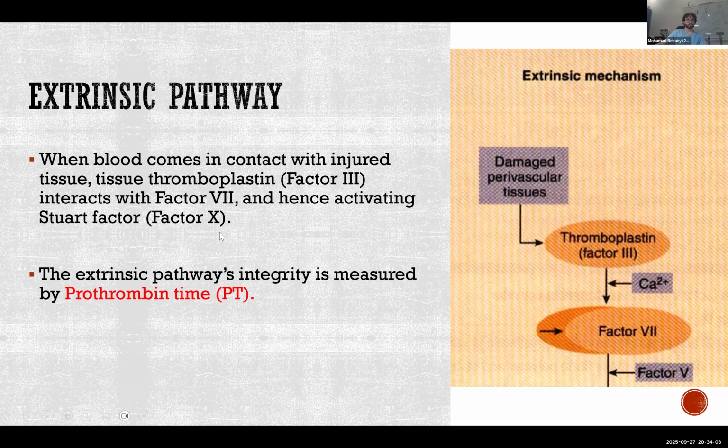Okay. To measure the integrity of the extrinsic pathway, to measure how well it's functioning in a person, we measure the prothrombin time: how long it takes to convert prothrombin to thrombin. It's a certain reaction. I'll explain why in a moment.